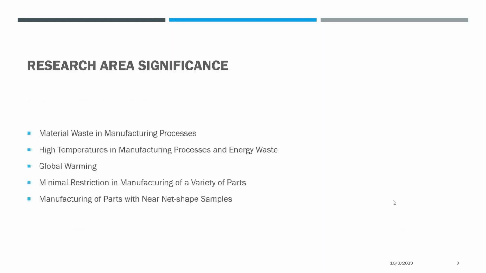The research area significance in our study is material-based manufacturing processes. The SLM method has proven to produce little to no material waste in the process of manufacturing. So it's a pretty interesting manufacturing method.